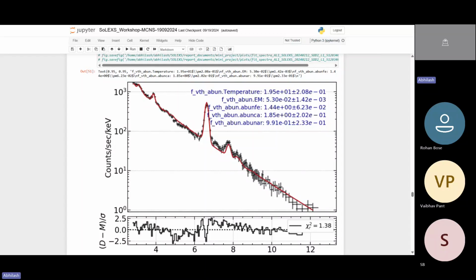They get ionized, they get recombined, and these abundances change. So we measure the abundances as a ratio of the photospheric abundances. We have about 1.44 for Fe, 1.85 for calcium, and about 0.91 for argon.